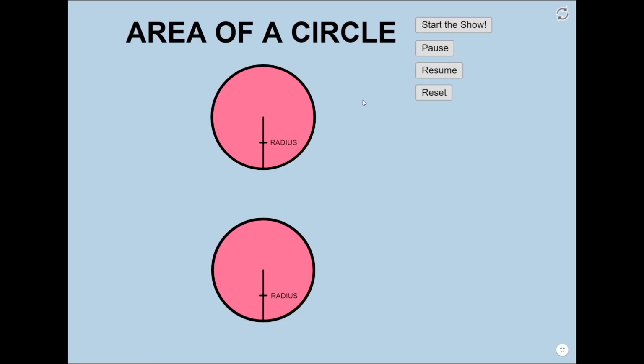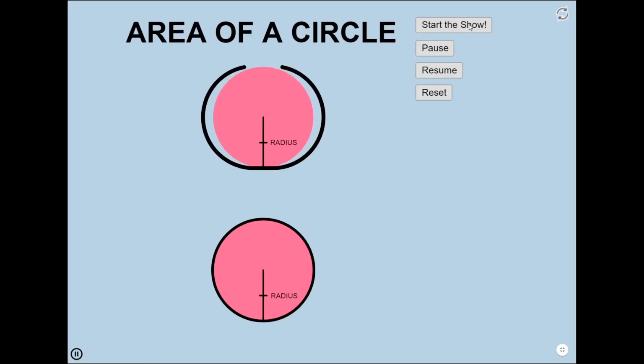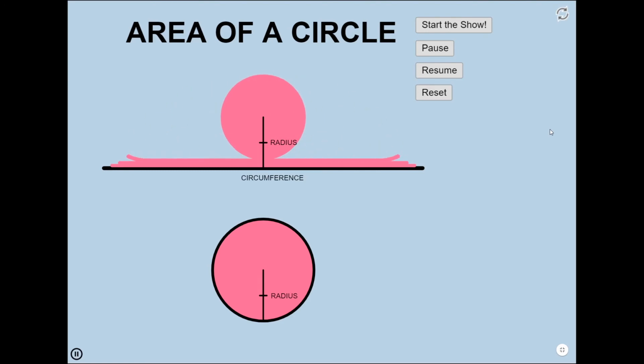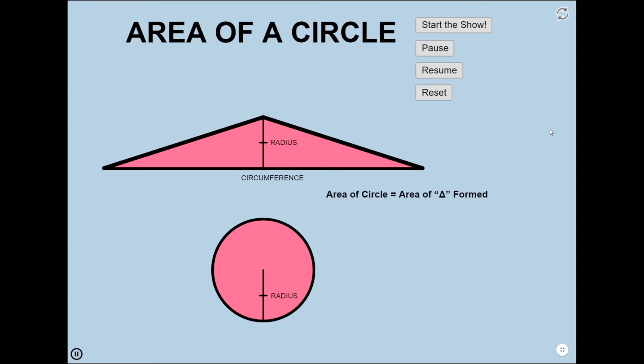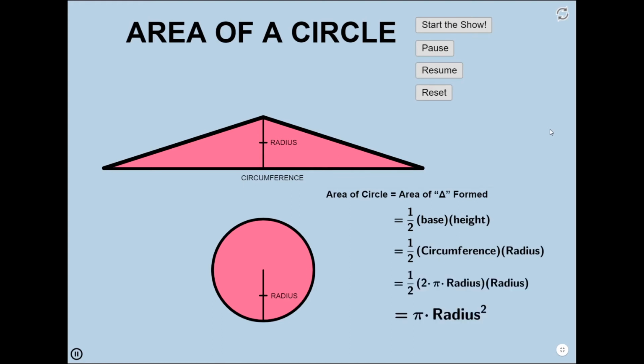Okay, so let's have a look at this animation and what happens to this circle. So what's happened here is we've created a triangle where the base of this triangle is the circumference of the circle.